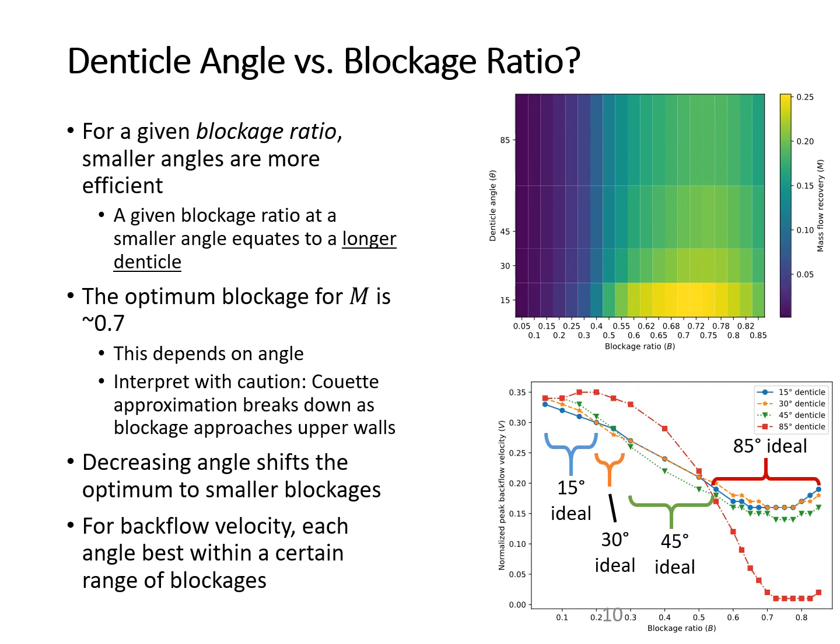So for small blockage ratios, the shallow angle of 15 degrees found the lowest backflow velocity, whereas the 30-degree angle was optimum for a slightly larger range, the 45-degree denticle was optimal for a moderate range, and then the largest blockage ratios had the lowest backflow velocity at the 85-degree denticle.